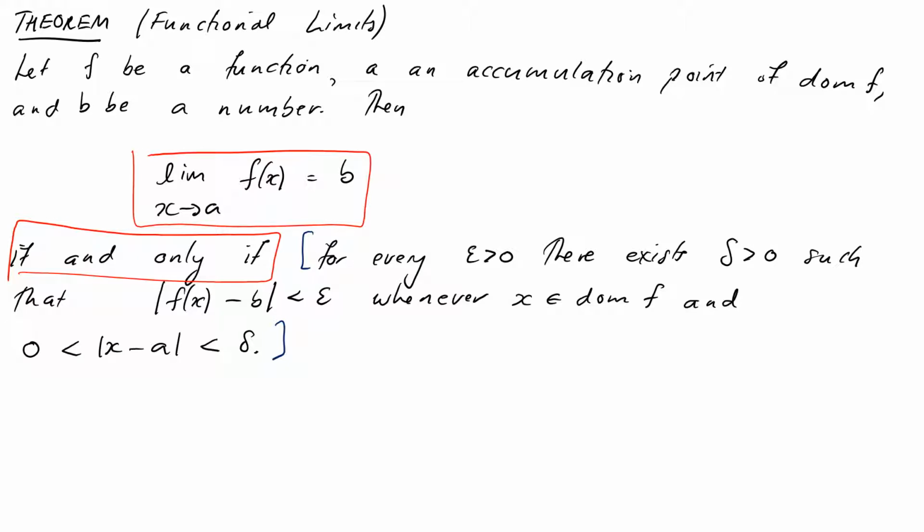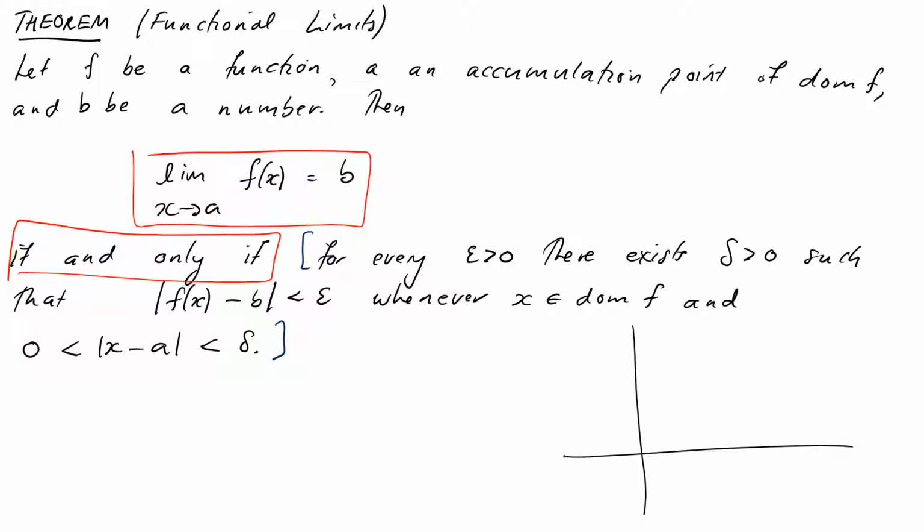So we've got two quantifiers, epsilon and delta, such that the absolute value of f of x minus b is less than epsilon. Okay, that's like our sequence epsilon as well. Whenever we have x in the domain and 0 is less than the absolute value of x minus a is less than delta.